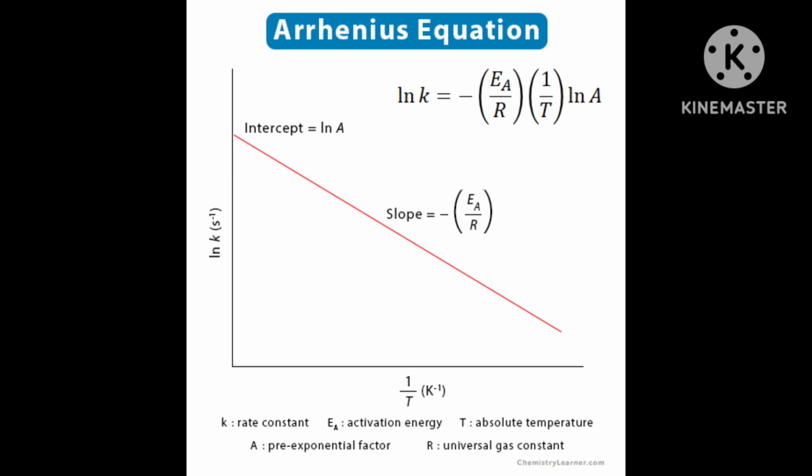The slope forms a right angle triangle, and the hypotenuse H is called the slope. The slope is equal to minus Ea upon R, as I already discussed. Where the line meets the y-axis, the vertical line, that is called the intercept. The intercept is equal to ln A, from 0 to the point where the hypotenuse touches the axis. Correct?